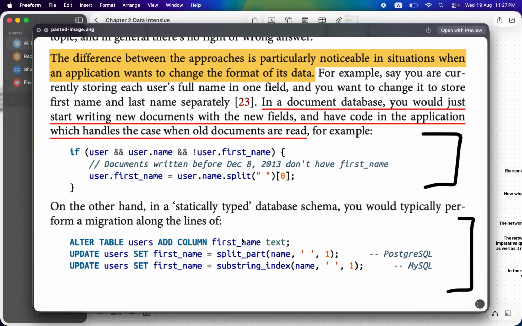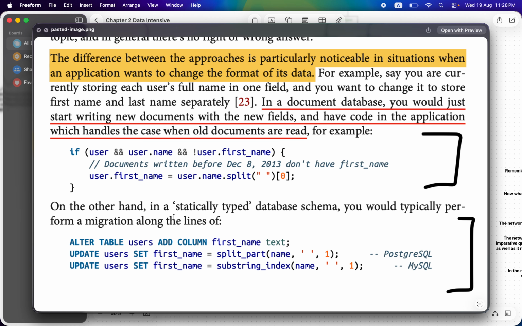The difference between the two approaches is particularly noticeable in situations when an application wants to change the format of its data. In a document database, you would just start writing new documents with the new fields and have code in the application which handles the case when old documents are read, like in here.